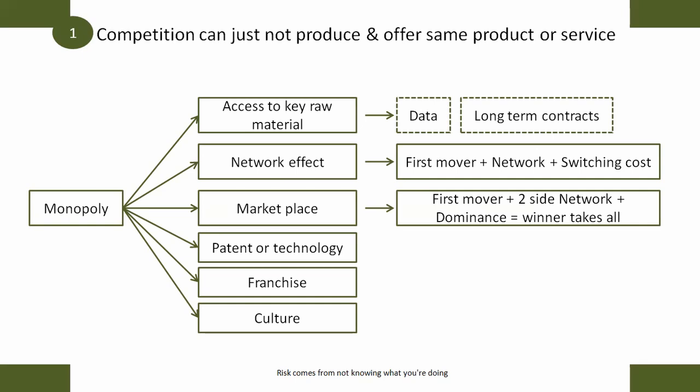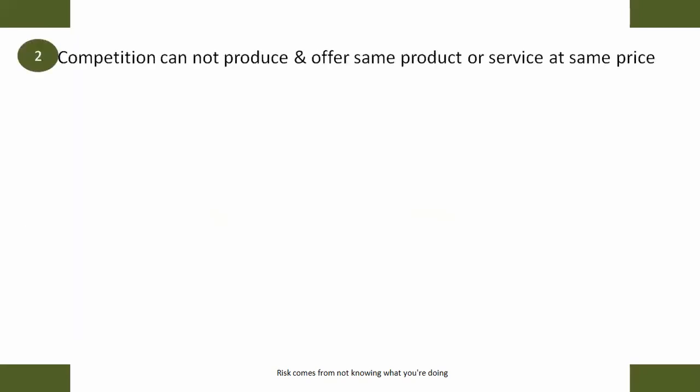So this was where the competition is just not able to produce and offer the same product or service. Let's look at the second case, where competition is able to produce and offer the same product and service, but not at your price. Their price is higher.